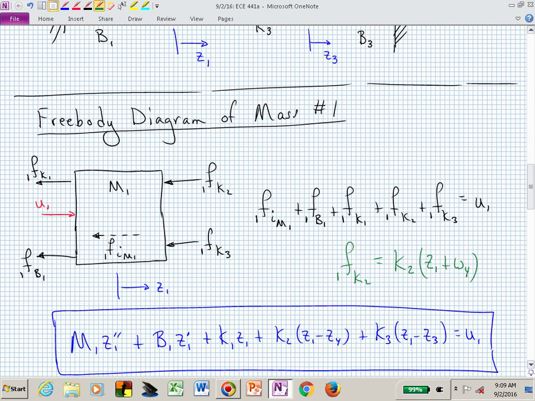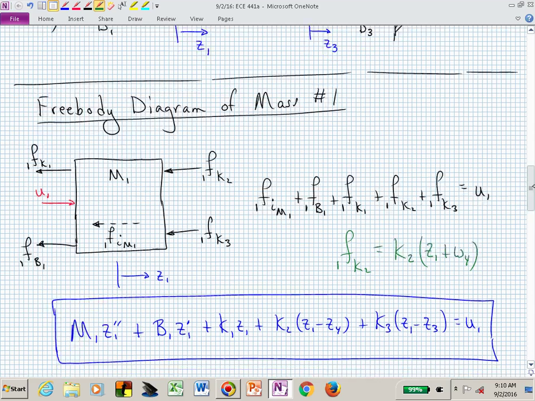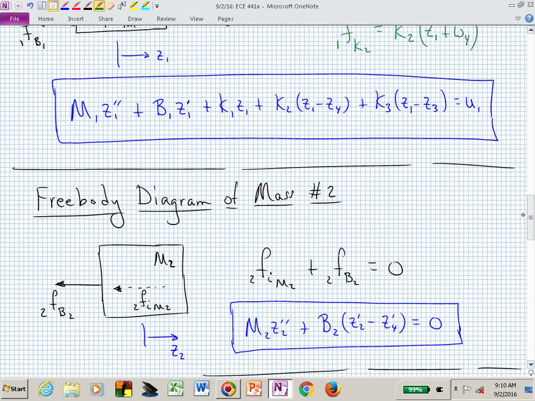Does that help explain this relationship between the positions or velocity variables and those coefficients, weighting coefficients? And then we end up with this second order coupled differential equation resulting from free body diagram number 1, or for mass number 1.